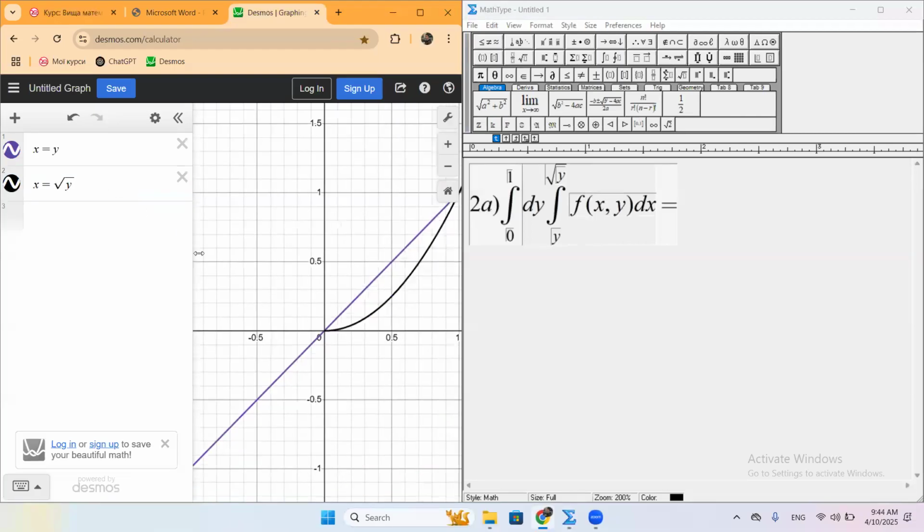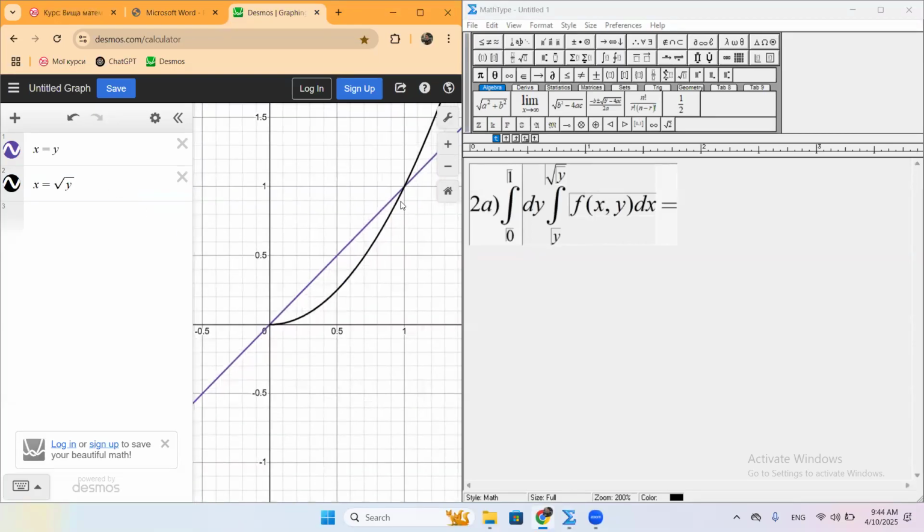So we have such a region, and we can see that y reaches values from 0 to 1, which matches this integral, and x goes from y to the square root of y.